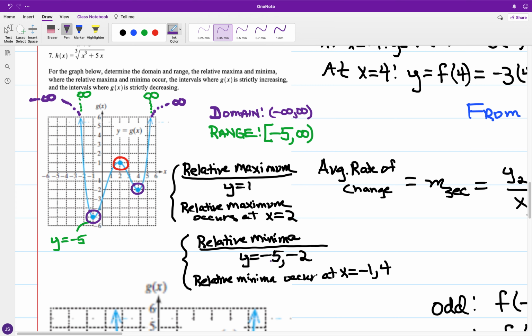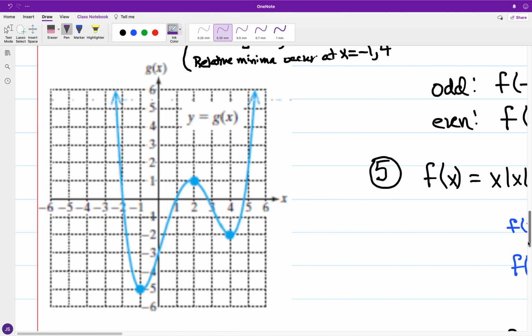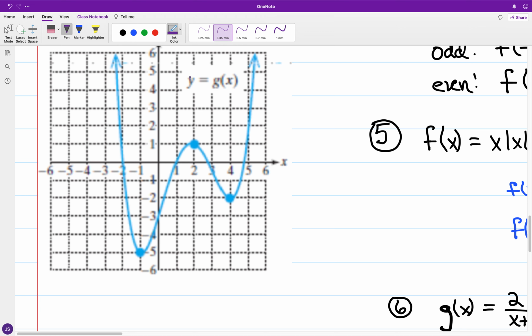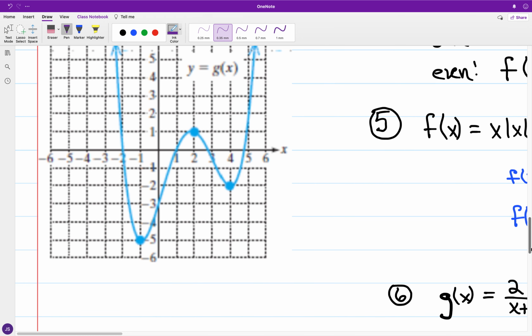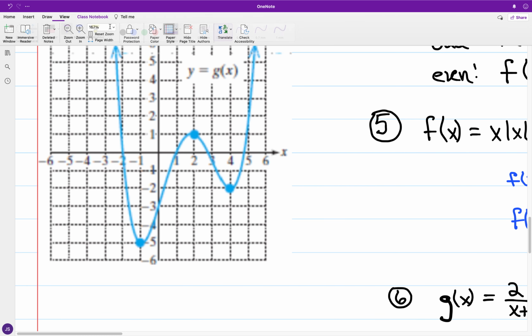The minima values we have in y, where they occur, those are going to be the corresponding x coordinates. All right, and now where the intervals will be strictly increasing as well as decreasing. In the graph, you're looking at the intervals in terms of the variable x.